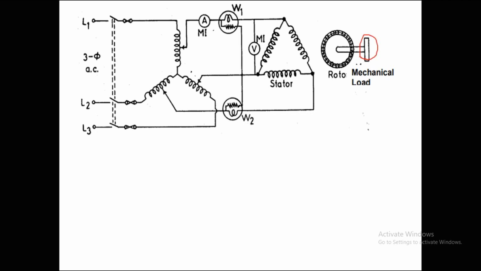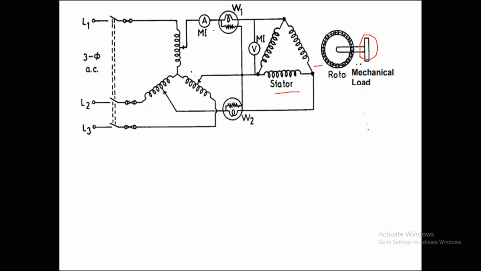In the front view of the induction motor, we can see at the center there will be a shaft, on top of the shaft there will be a rotor assembly, and next to the rotor there will be an air gap, and on top of the air gap we can see the stator assembly. In the stator we have a three-phase distributed field winding, and those field winding terminals are available at the terminal box kept at the stator frame.